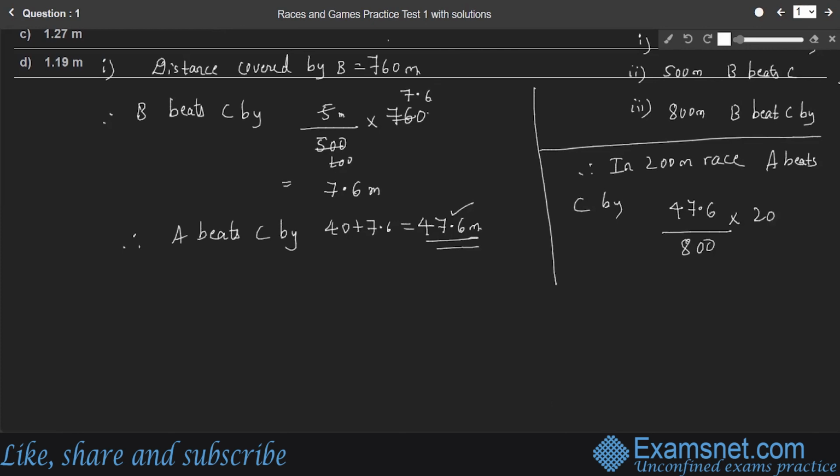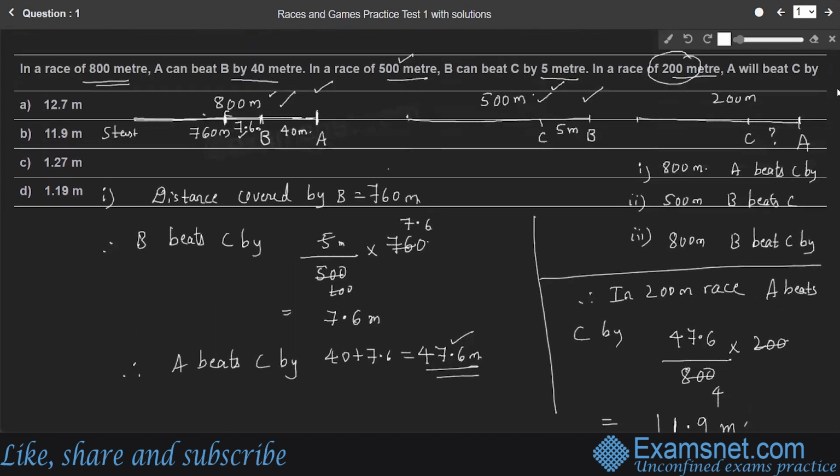Therefore, in a race of 200, it is 47.6 by 800 into 200. So 200 into 4 is 800, and 47.6 by 4 becomes 4 into 1, again 4 into 1, 3 is the remainder, 4 into 9. So in a race of 200 meters, A beats C by 11.9. So the A to C distance is 11.9 meters, right? Therefore, option B is the right answer.